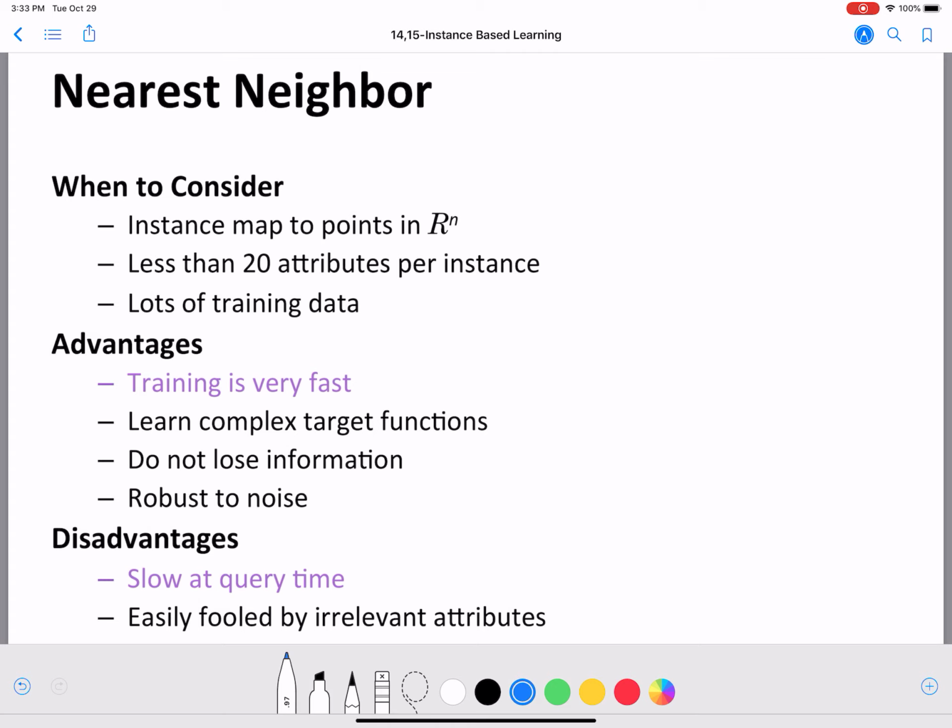And there are also many disadvantages. It's slow at query time, that we know, because it's not learning anything, it's using the stored examples at test time. And it's also easily fooled by irrelevant attributes. This is something that occurs more commonly than other disadvantages.